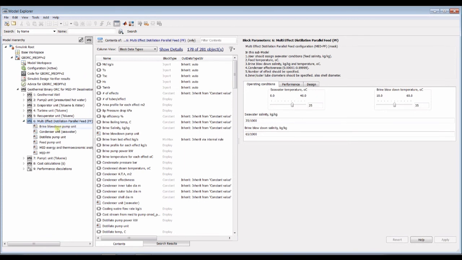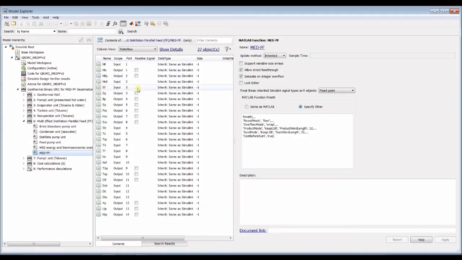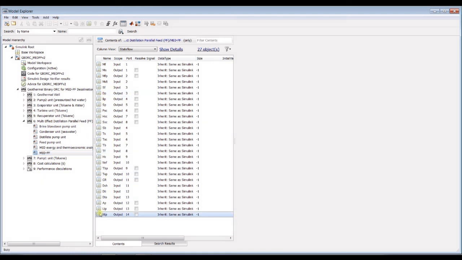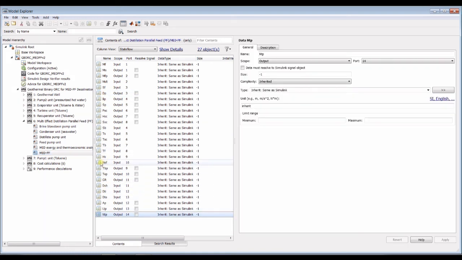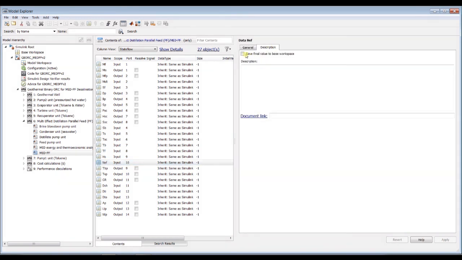Okay, for MED parallel feed, we can choose the number of effect parameters. Let's go and seek it. Yes, this number of effects, and we can save the final value to workspace.